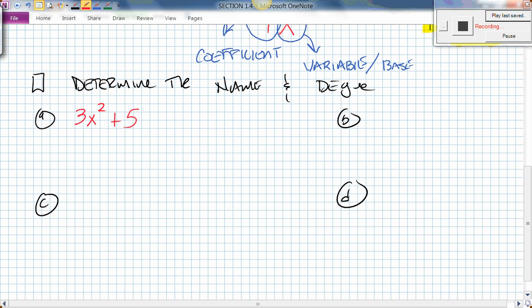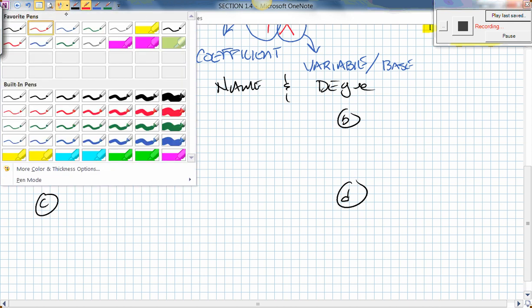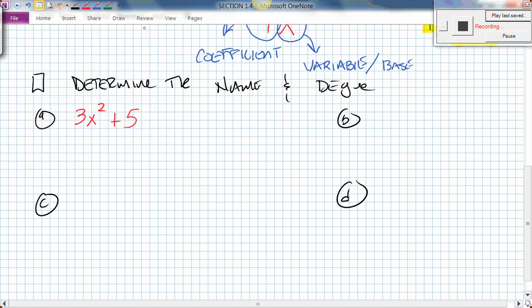What is the degree of this polynomial? It's the highest exponent. Yes. 2, there you go. So the degree is equal to 2. And how many pieces are there? How many terms are there? 2. There are 2 terms, so what do we call that? A binomial.